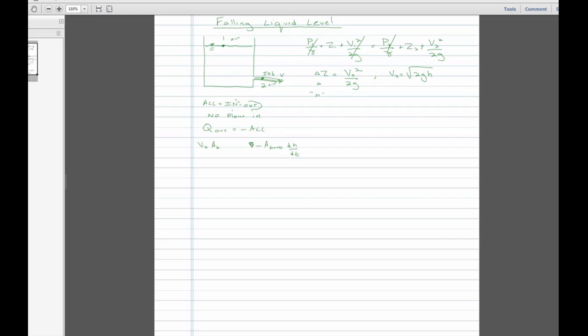It was derived on the previous slide how we get the equation for the time it takes for the liquid level to fall a certain distance, where the tank area is taken into account. We have the square root of 2g, and the orifice area is taken into account. We want to find out how long it's going to take to fall from H naught to H sub T.